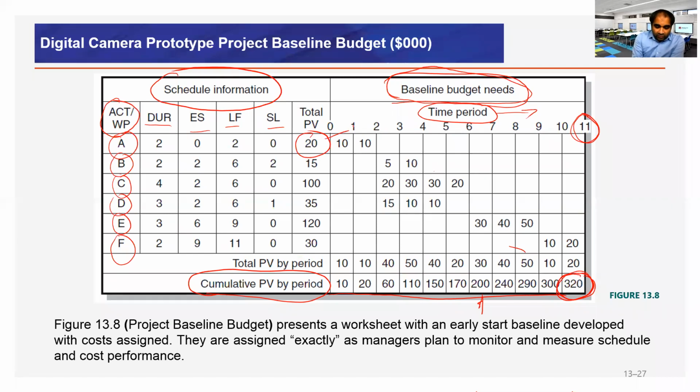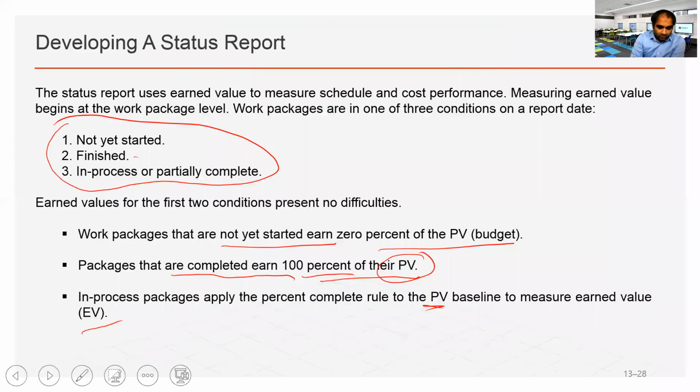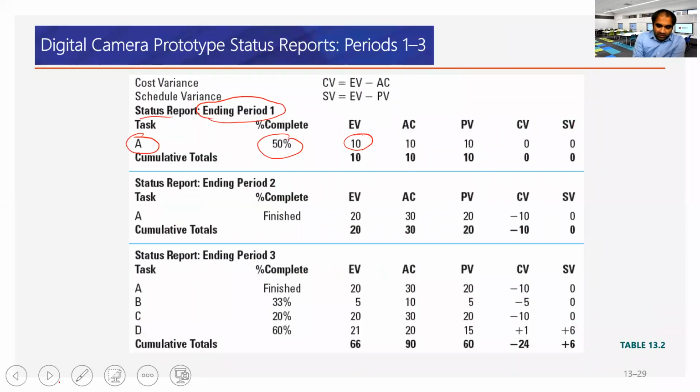At the end of period 1, 50% completed. So 50% times 20, earned value is 10. What is the actual cost? 10K. Actual cost is not a calculation, this is feedback from the project team.